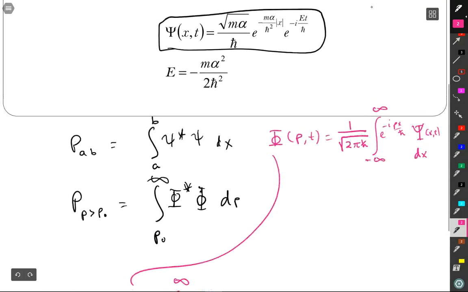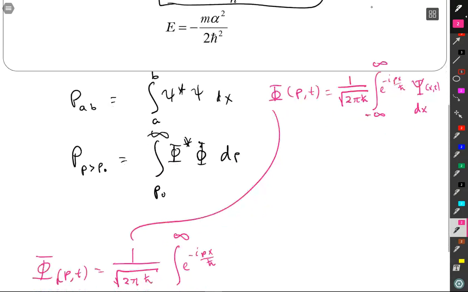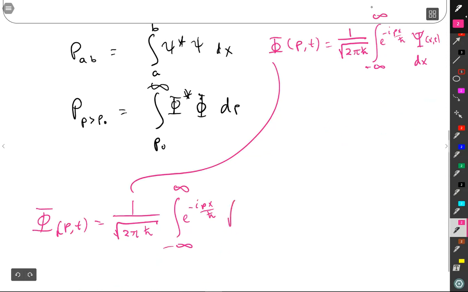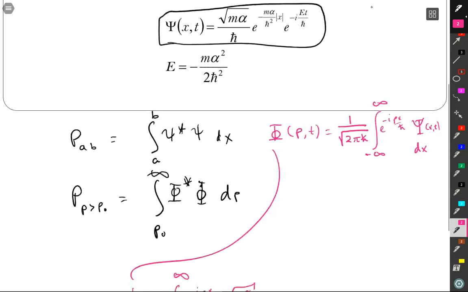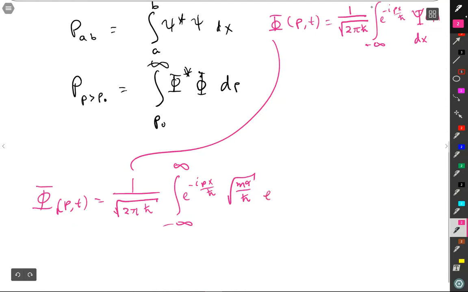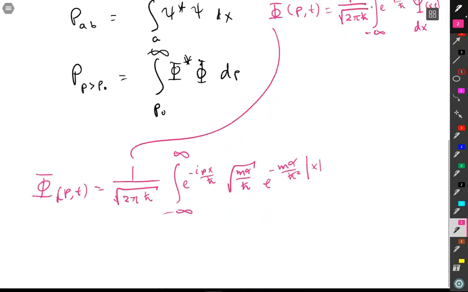And now I have to put in my psi, so I have square root of m alpha over h bar, e to the minus m alpha over h bar squared times absolute value of x, then e.